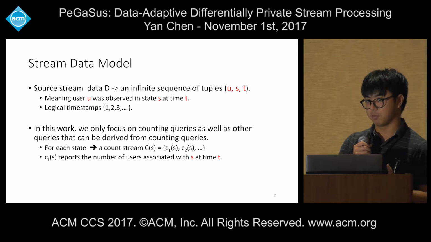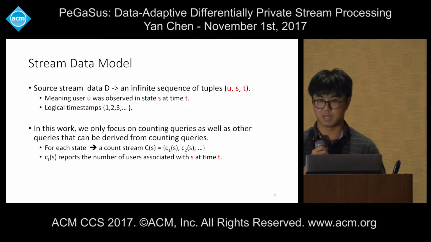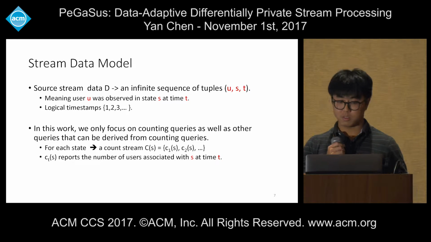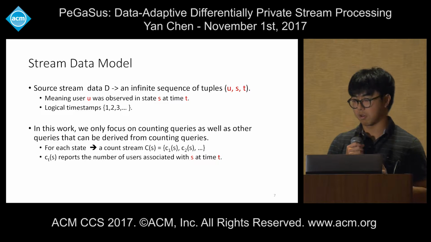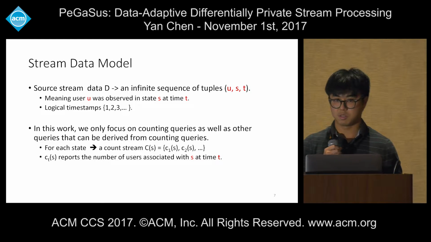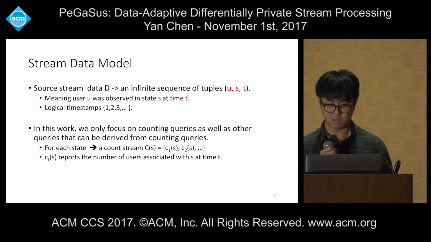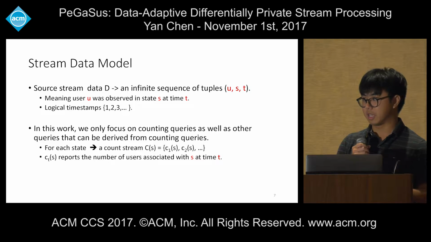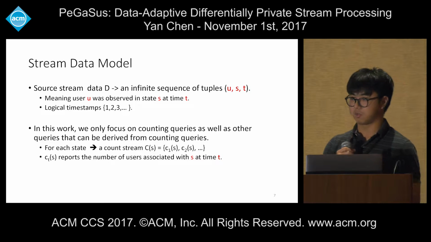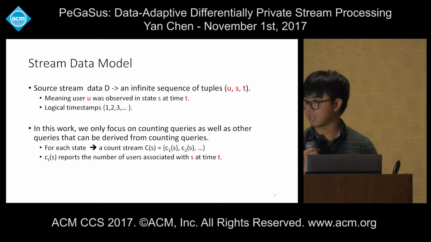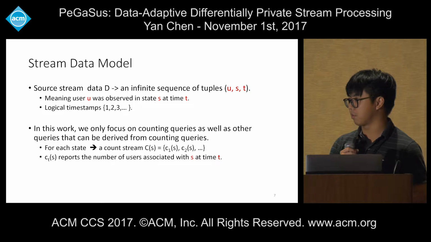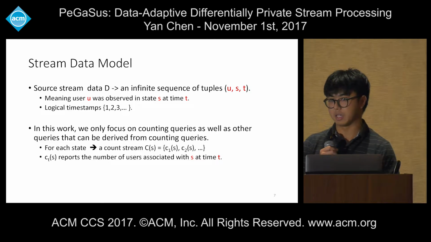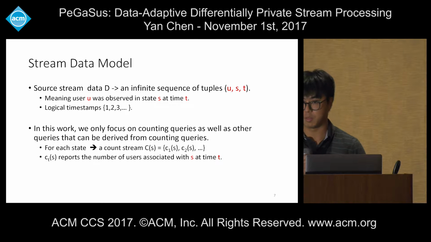A tuple (u, s, t) is the aggregate behavior of user u associated with state s at time t. In this work, we only focus on counting queries, as well as all other queries which can be derived from counting queries. For each state, we can derive a count stream, c_s, and the count c_s(t) reports the number of users associated with state s during time interval t.